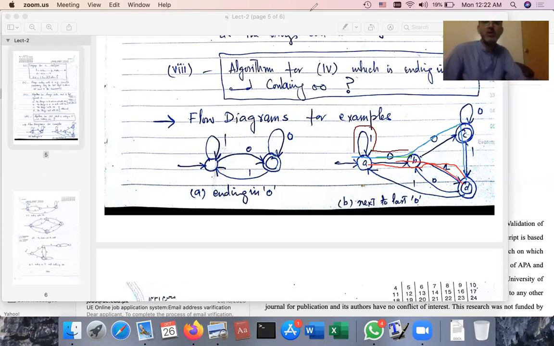Now think of this string over this FA. This is 0, this is 1, and then again 0, 1. So you have to put an arrow here with 0, and then you can reach here again with 0, 1. In this way you can put a loop here. Not a loop, you can just put an arrow with 0 towards B and then 1.